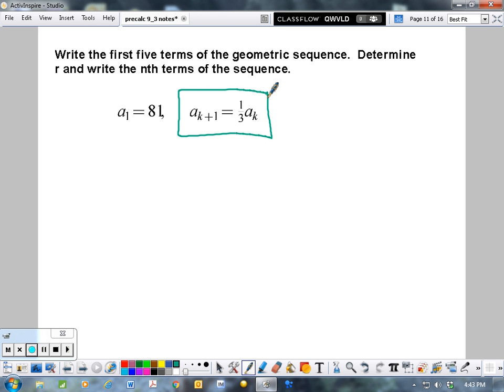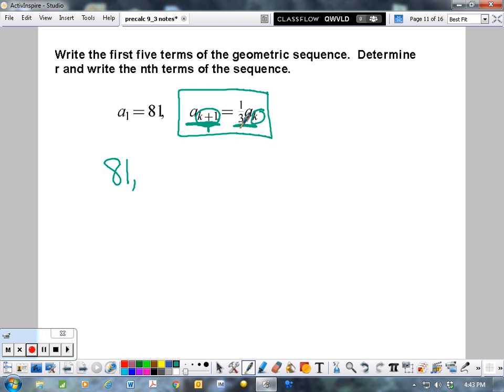We have a of 1, the first power, is 81, so my first term is 81. And this tells me that any term I want is going to be 1/3 times the previous term. And so that's why we have a k plus 1 here and a k here. So to find the 1 after k, I'm going to do 1/3 times the previous term.